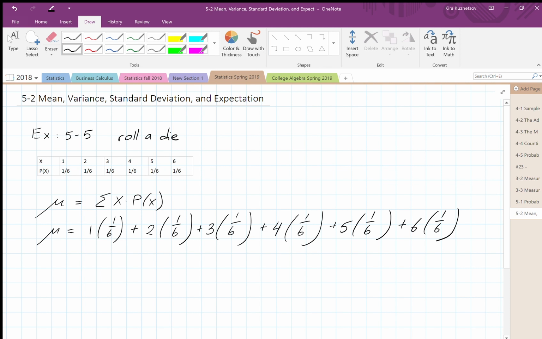Add everybody up, put this into your calculator. If anything, pause the video, and then you should be getting a 3.5.